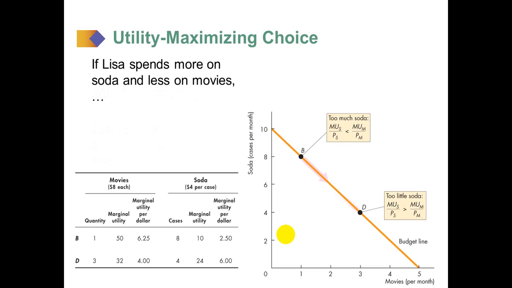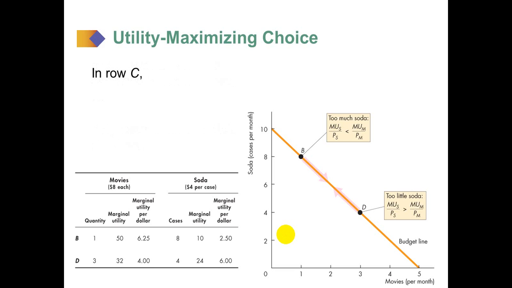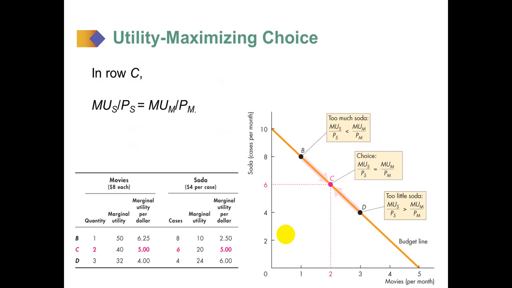If Lisa spends more on soda and less on movies, MUS, the marginal utility for soda, decreases, and the marginal utility for M, movies, increases. In row C, marginal utility for S divided by PS, the price of S, equals marginal utility for M, movies, divided by PM.